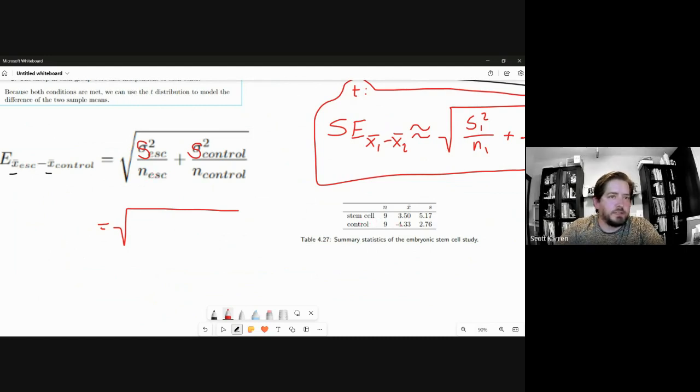So S is 5.17. So that's 5.17 squared over N, which is 9. And then plus the S of the control group, which is 2.76 squared over also 9 from the control N.